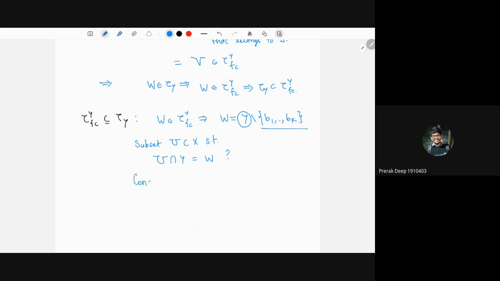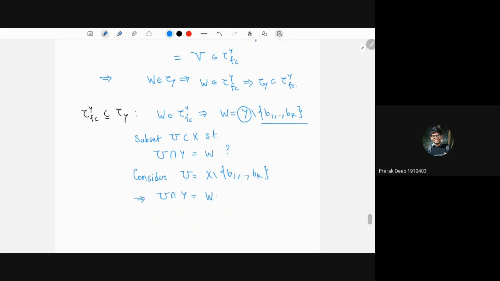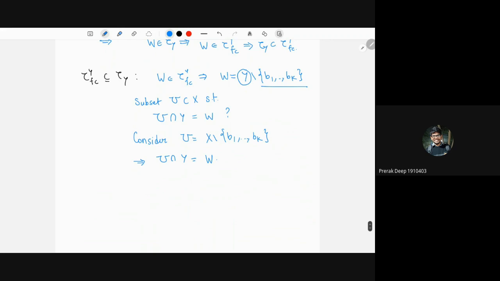So if you consider your U to be X minus this finite set b1 up to bk, and you intersect it with Y, you will get W. And further notice that U is an element in tau FC, the finite complement topology of X.